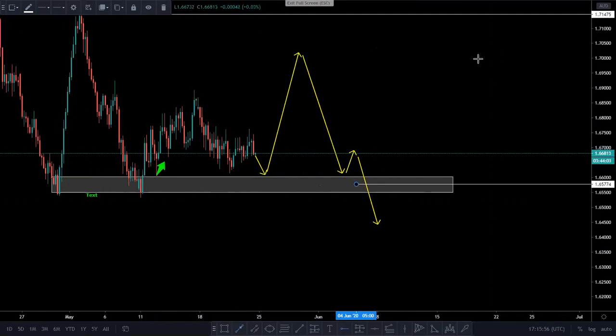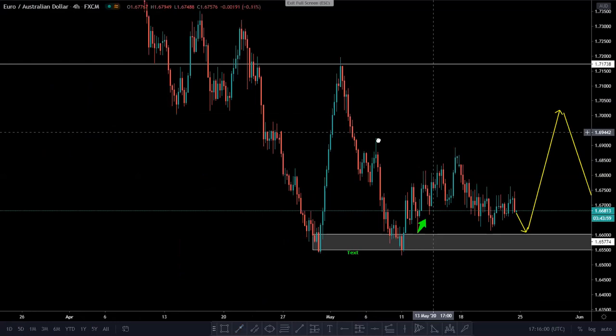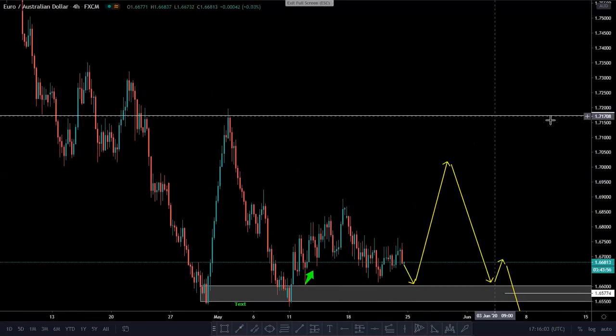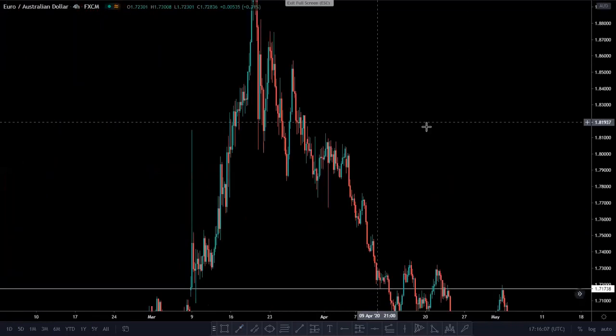We do the same thing for a buy zone. Sorry, a sell zone. Let me try to locate a good sell zone very fast.